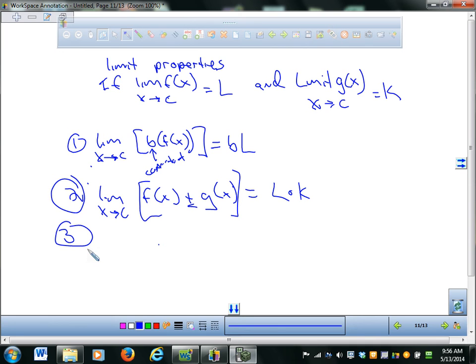But if you did see something like this, the limit as x goes to 2 of x squared minus 3x minus 1 over x minus 3, how would I find that limit?